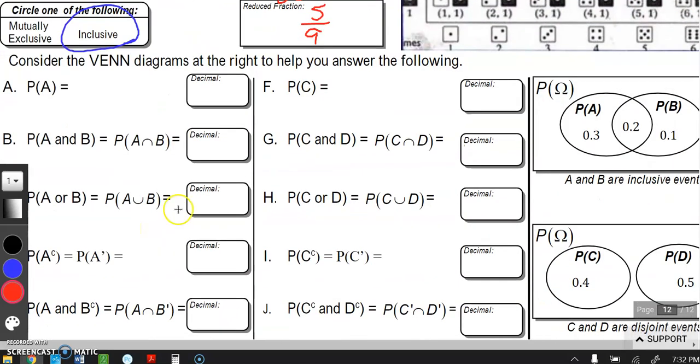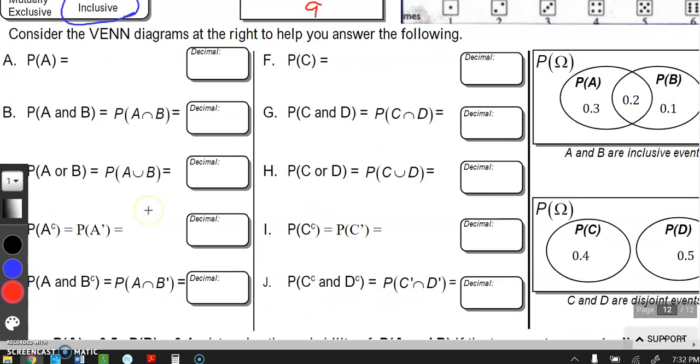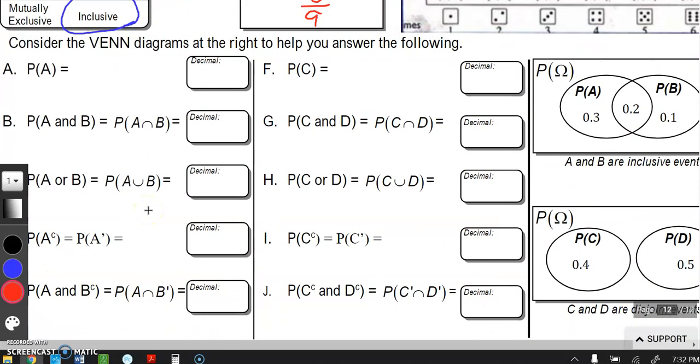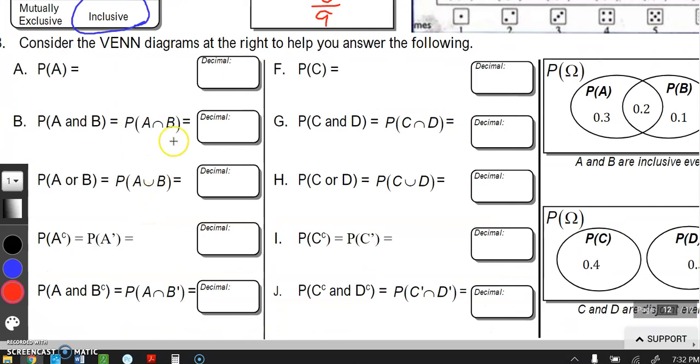All right. Let's look at this bunch here. So we've got the diagrams to the right, and they want us to figure out the probability of A. So for the probability of A, we're just going to add everything together. So 0.3 plus 0.2 is 0.5.